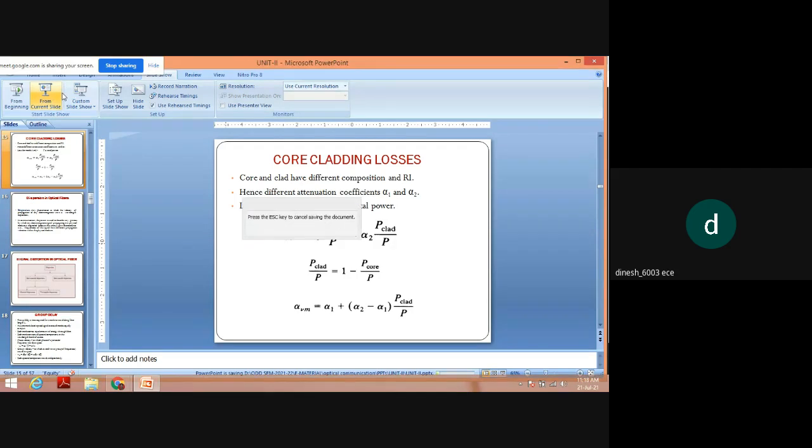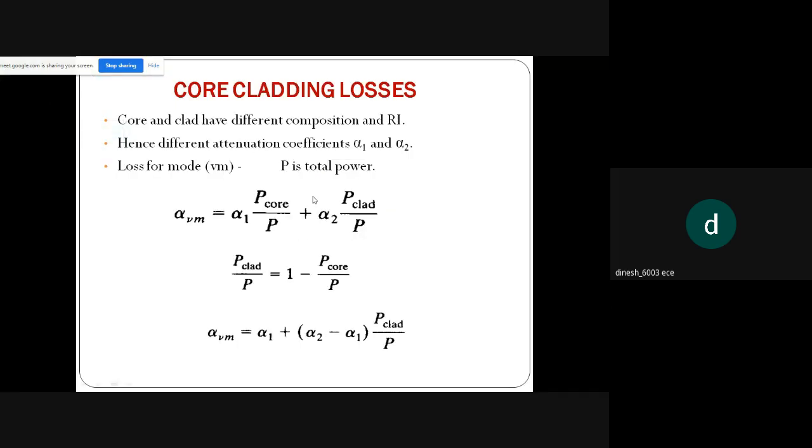The next loss is the core cladding loss. Core cladding loss is due to the optical fiber's composition having different refractive indexes.